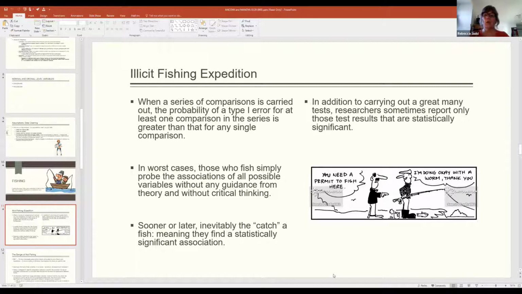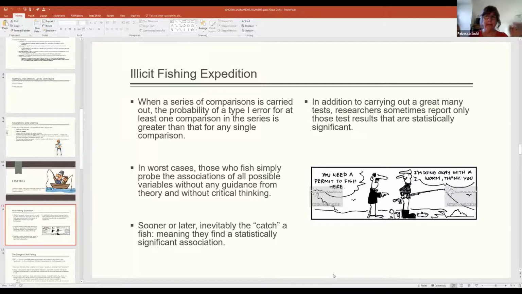In a worst case scenario, those who fish simply probe for associations and possible variables that are going to have a significant finding, without the theory or critical thinking to back that up. Sometimes people will take their data and just go in there and start looking for different relationships with really no guidance.